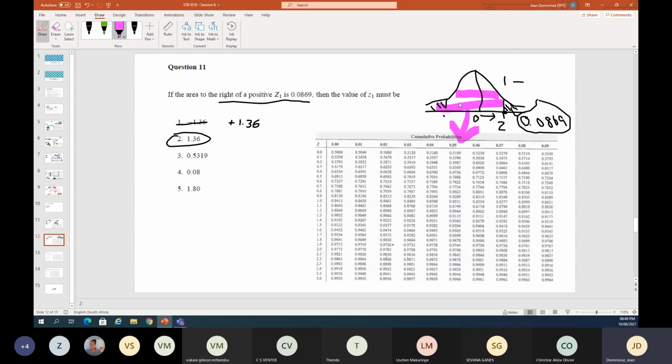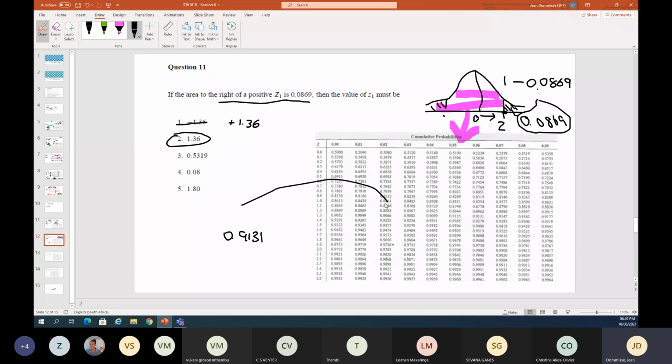We don't know what is the purple or pink area, so we need to say 1 minus the 0.0869. When we say 1 minus 0.0869, we get 0.9131.